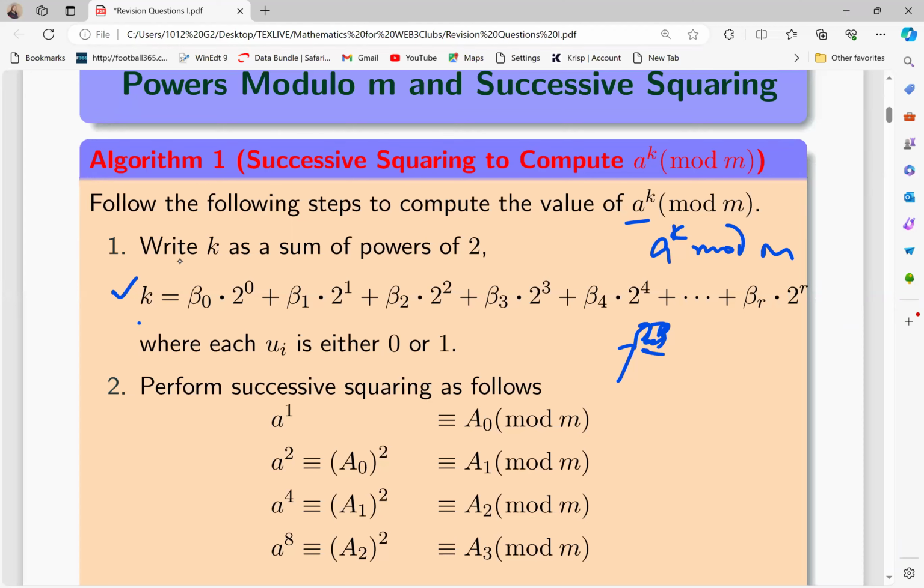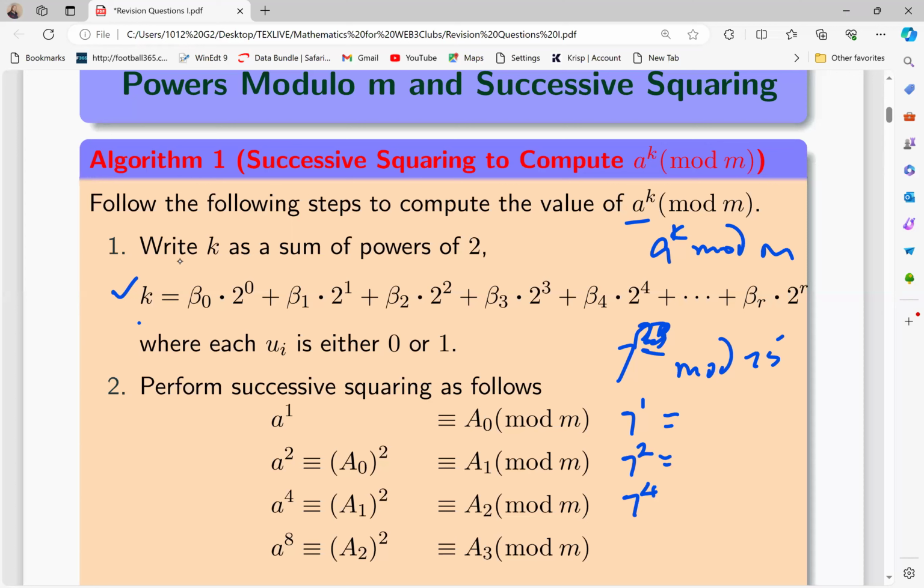Writing the binary form tells us how many times we are going to square this number. For instance, if I have 7 raised to 23 and I'm doing it mod 25, I want to get 7 raised to 1, get 7 raised to 2, get 7 raised to 4.